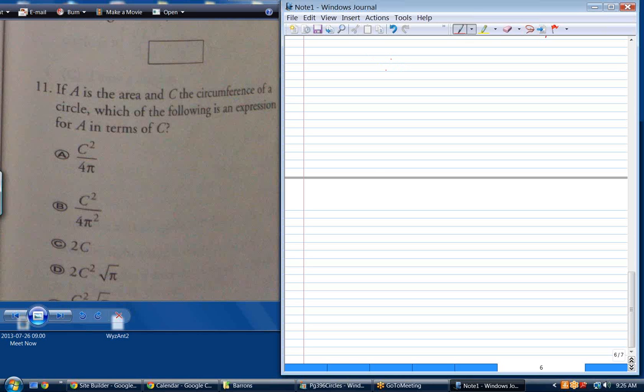Well, I know that they're trying to find A in terms of C. So let's start with everything we know about A, which is pi r squared. And everything we know about C, 2 pi r.